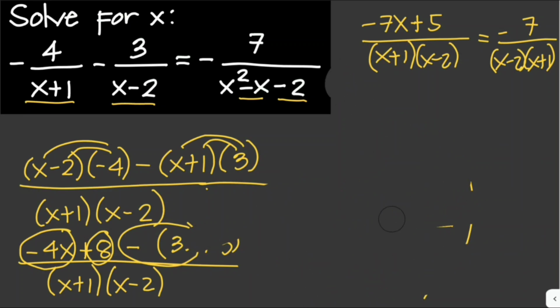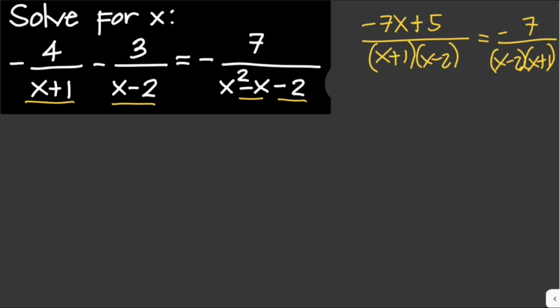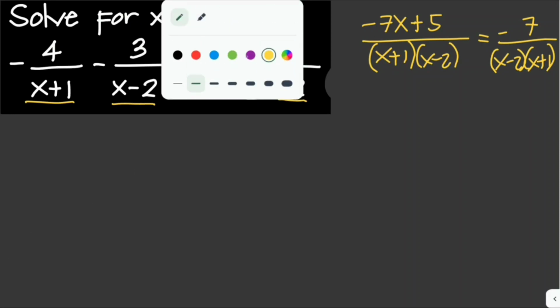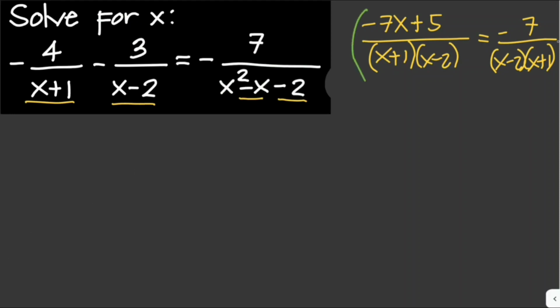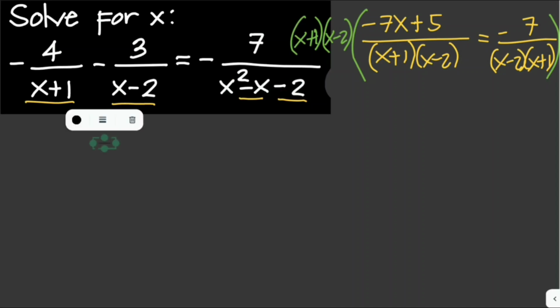Have you noticed that both of the expressions on the left and right have the same denominators now? So we can simply multiply both sides by x plus 1 times x minus 2. Then we have negative 7x plus 5 equals negative 7.